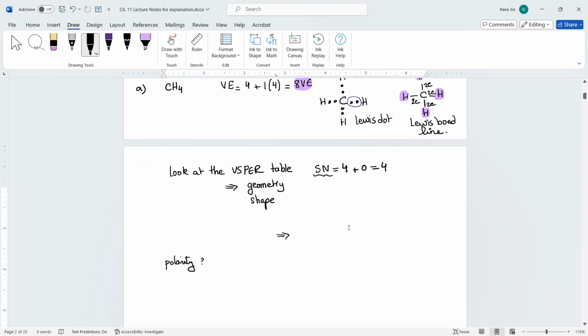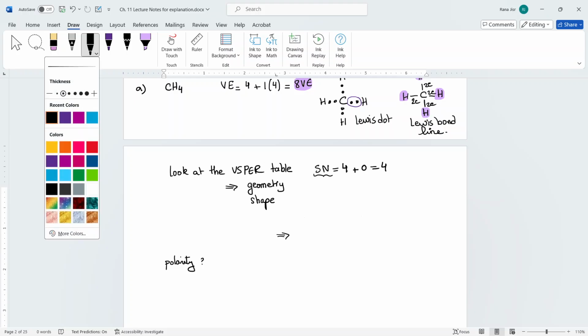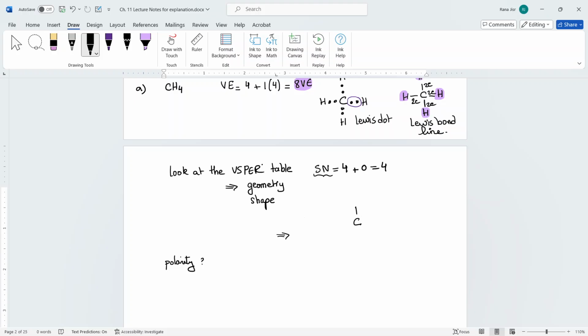Okay, so you can draw it in any way you want, as long as every carbon has 2 bonds in plane, 1 bond which is going to be in front, and the other one is going to be behind. So I can show it like this. I can also show it like this, for example. So I have a hydrogen here, a hydrogen here, a hydrogen here, and then another hydrogen there. It doesn't matter. Both of these are going to be the same.